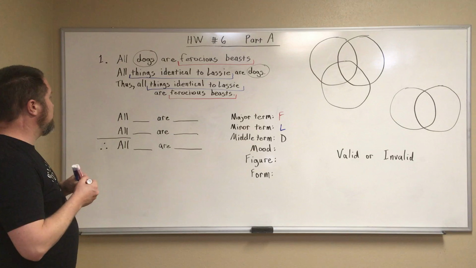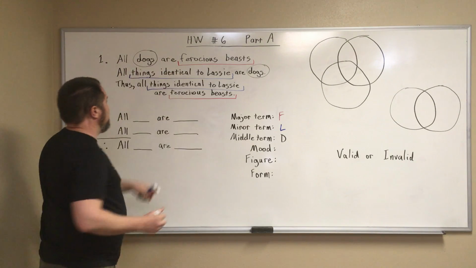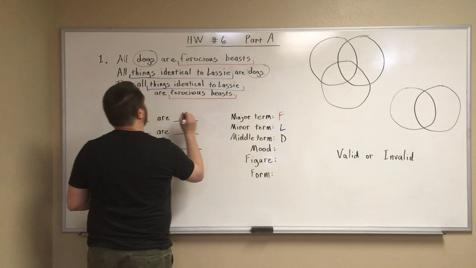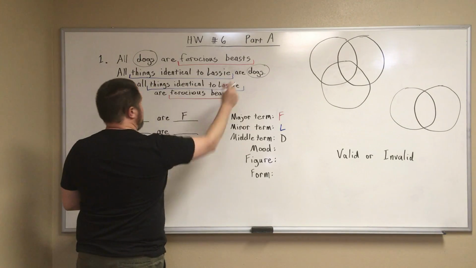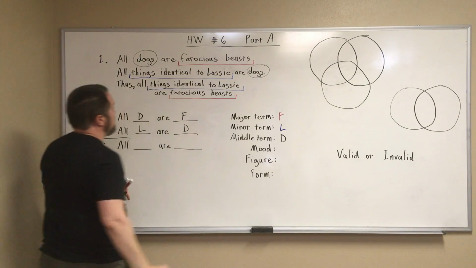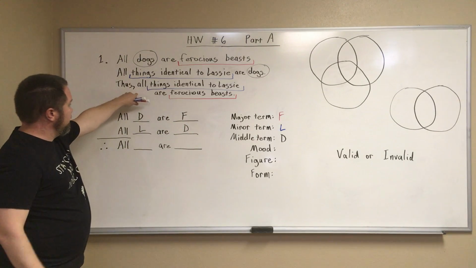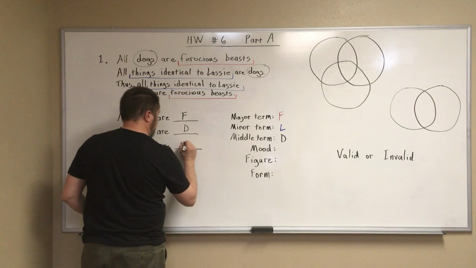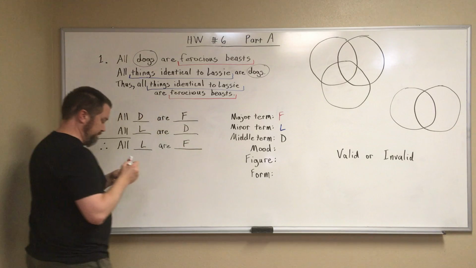So all dogs are ferocious beasts. It's all D are F. All things identical to Lassie are dogs, so all L are D. And then finally the conclusion, all things identical to Lassie are ferocious beasts, so all L are F.